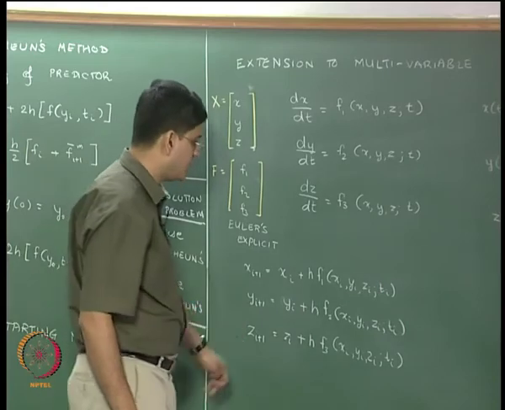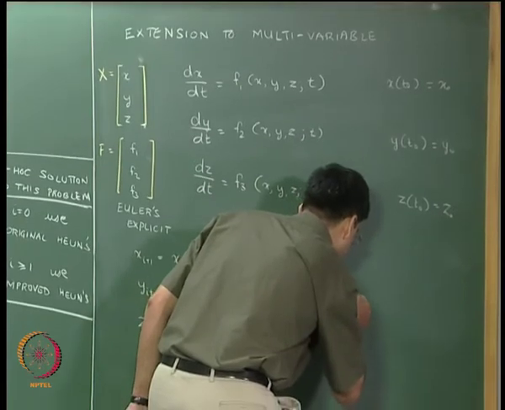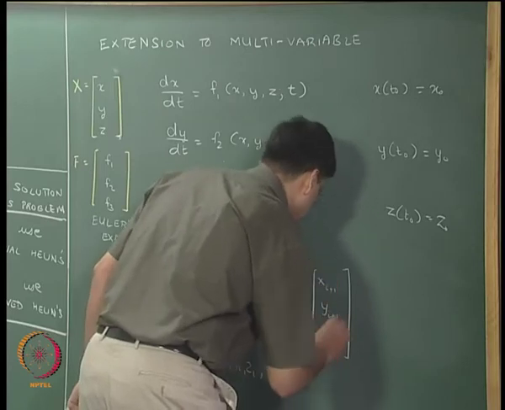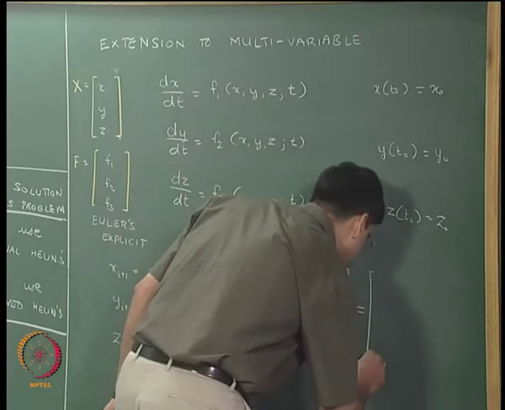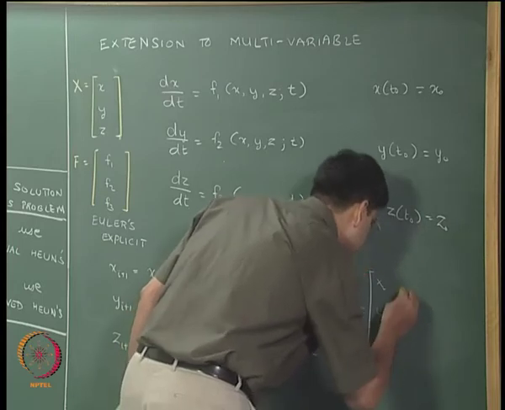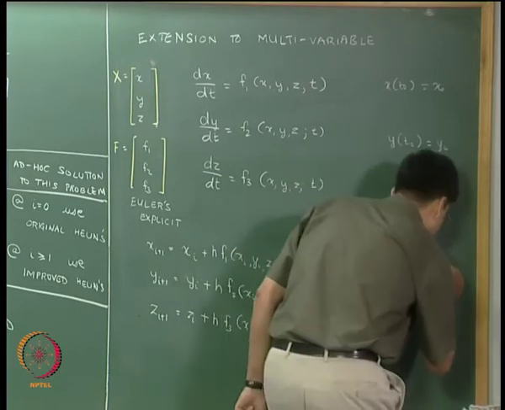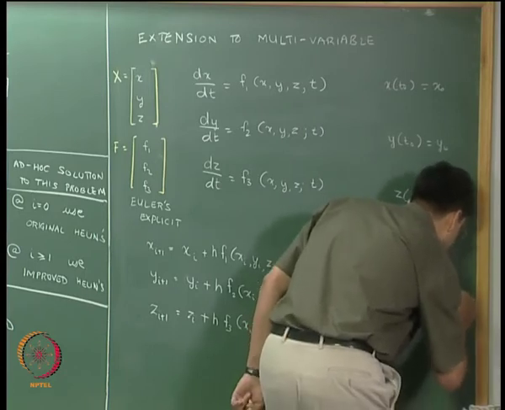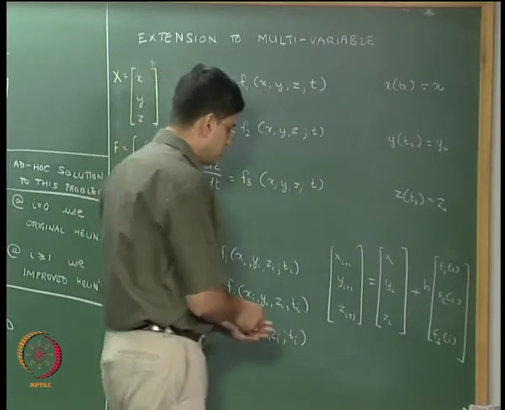So, this can be written as x I plus 1, y I plus 1, z I plus 1 equal to x I, y I, z I plus h times f1, f2, f3 computed at time I.